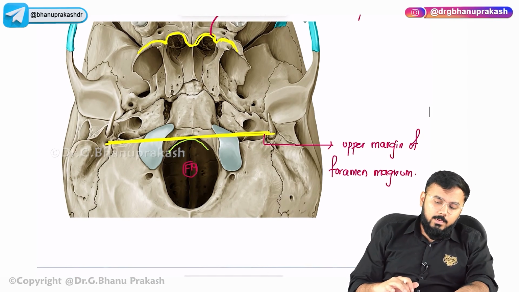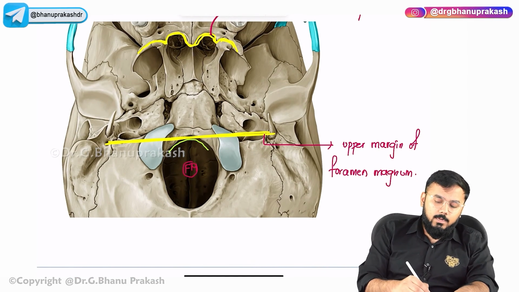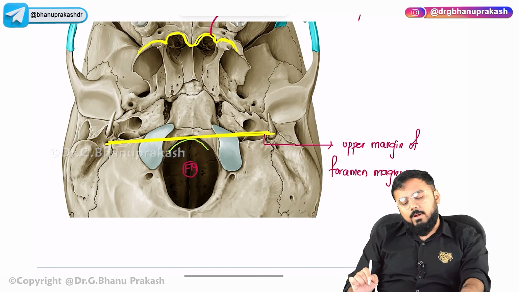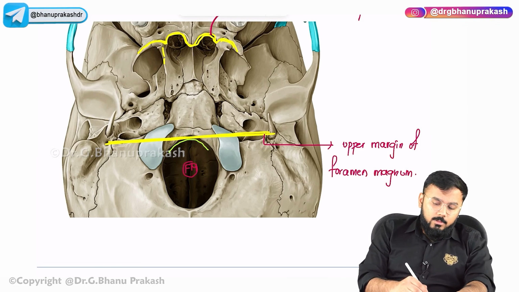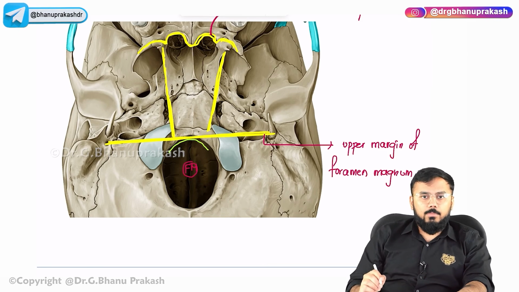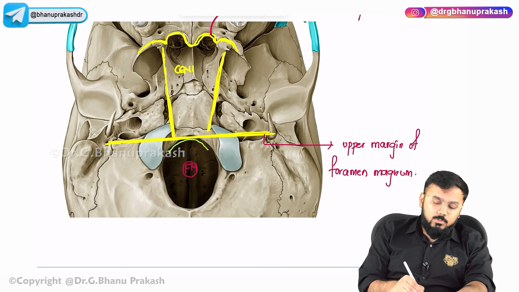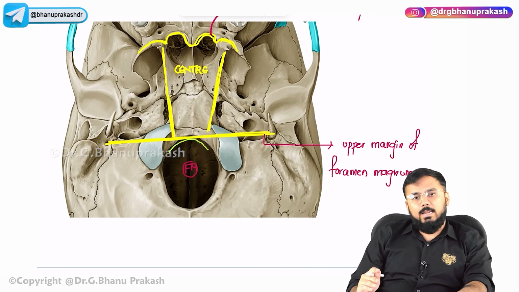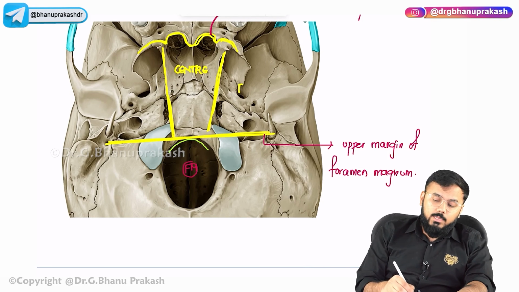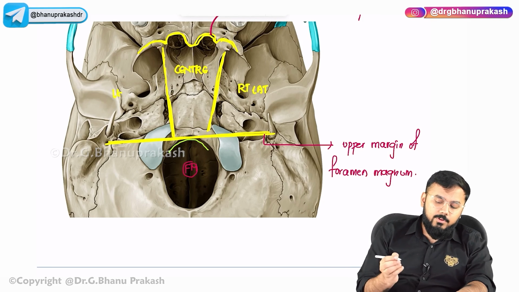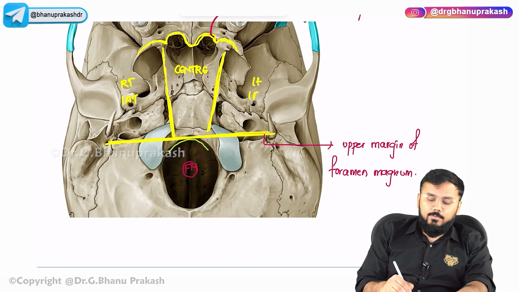Now another important thing: I can also divide this middle part into three parts. You see this particular part over here? This is called the central or median part, and this one over here is called the right lateral part, and this one is called the left lateral part.